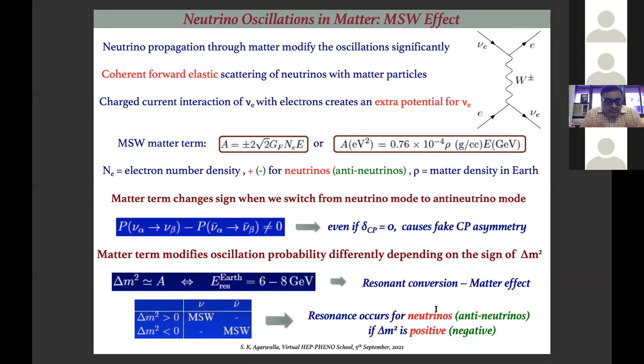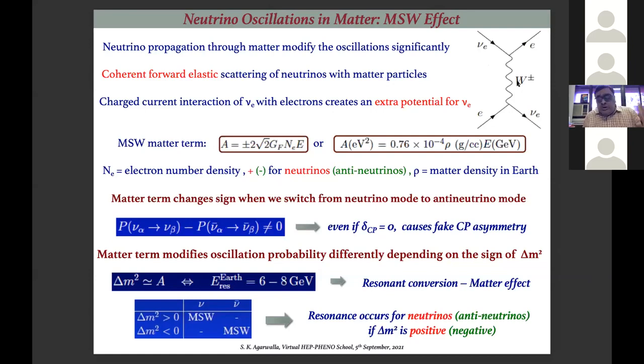Now, when I say ambient matter particles, you have electrons, protons, or neutrons in the matter, right? Now think about when a nu_e is passing through that matter, nu_e can have both neutral current and charge current interaction with electron. Here in the right, I am showing the Feynman diagram, which is responsible for the charge current interaction. You see, this is a W mediated process, okay, between electron, neutrino, and electron. But nu_e can also have neutral current interaction with electron, proton, and neutron.